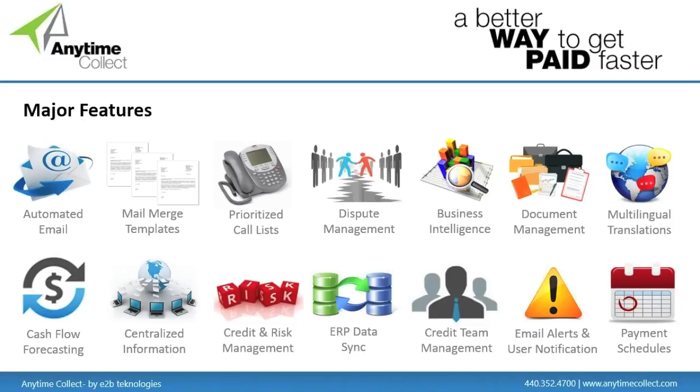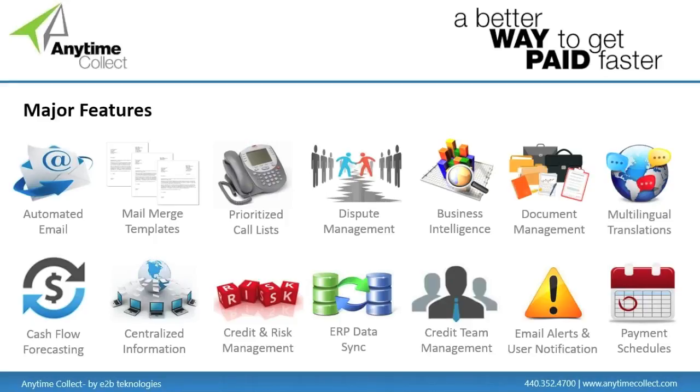So you could have a notification that goes out automatically based on a rule that you set up in our software that notifies the sales rep of every one of their customers that has an open dispute that hasn't been resolved. Or you can notify executive management every single time you have an invoice that is now 30 days past due and over 50,000, or whatever number you pick, so that they can insert themselves into the process.